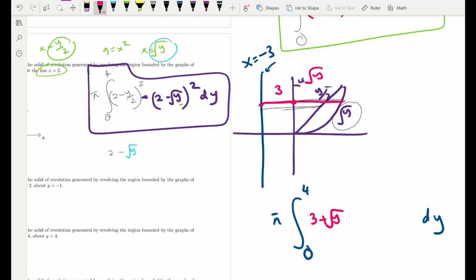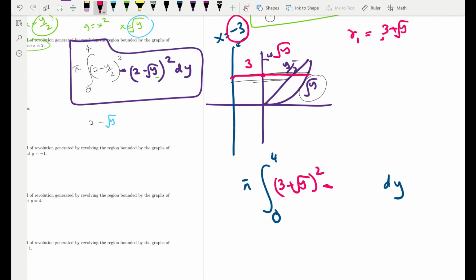That's the first radius, and you square it. So the first radius, the longest one, is 3 plus square root y. Even though we have negative 3, in the radius it's plus 3 because we are talking about lengths. Minus the shorter radius.